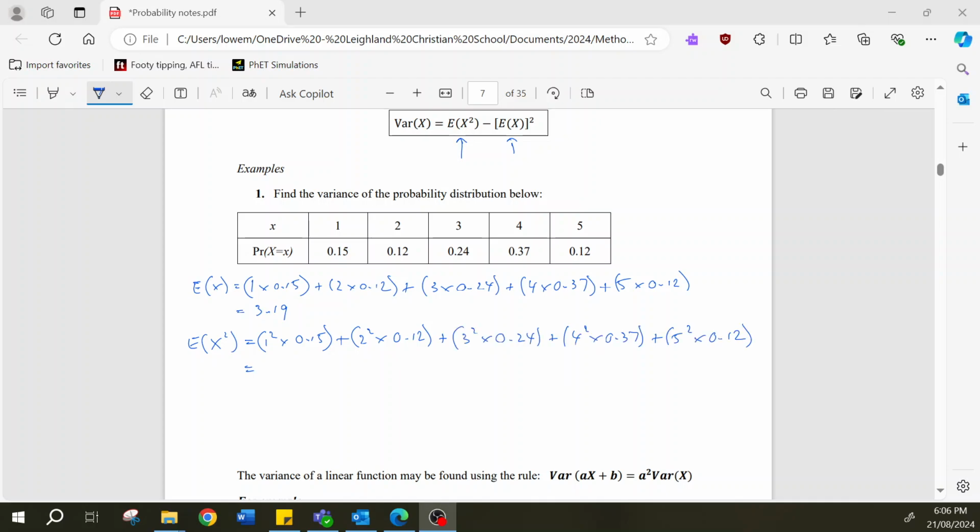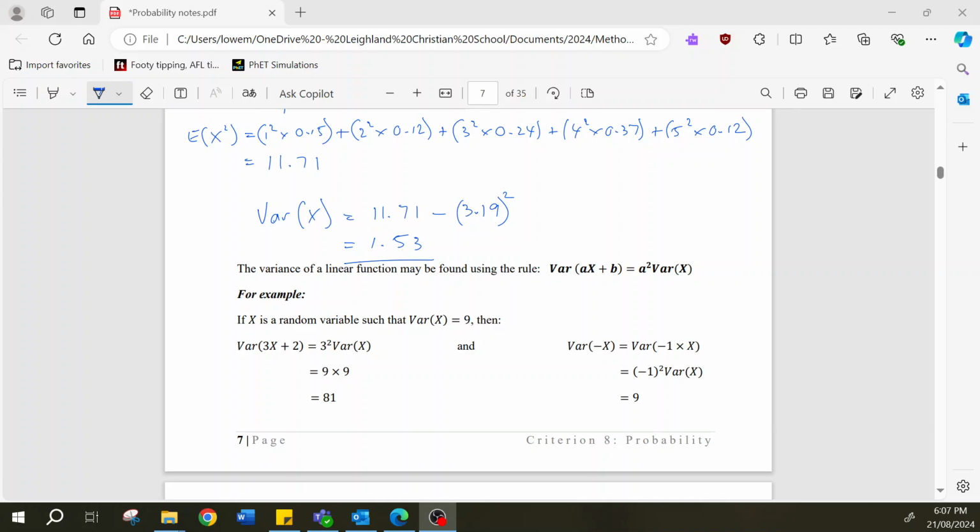And that works out to be 11.71. So our variance is going to be E of x squared, which is 11.71, minus our expected value 3.19 squared, which works out to be 1.53 to 2 decimal places.